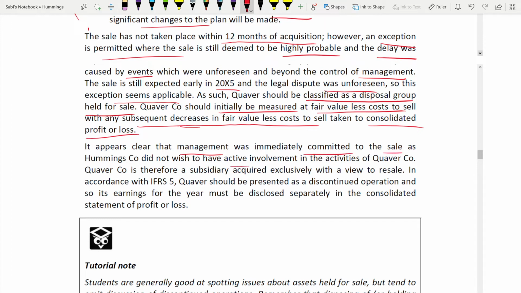They did not have any active involvement in the beginning. Looking at this, you can say yes, this subsidiary you have acquired only to sell. So in accordance with IFRS 5, how should you present Cueva? As a discontinued operation. And even the earnings for this will have to be disclosed separately in the consolidated statement of profit and loss. This is your answer.